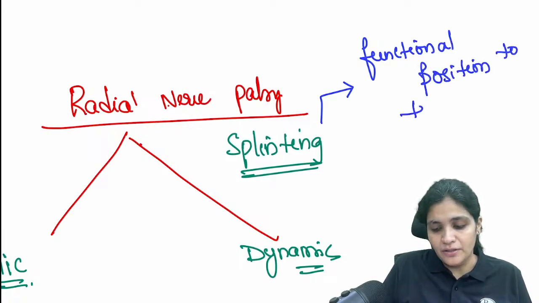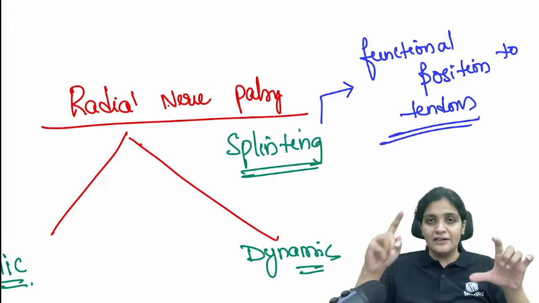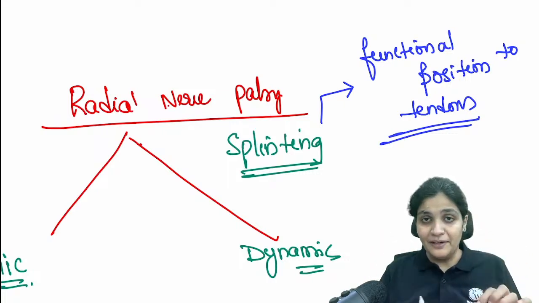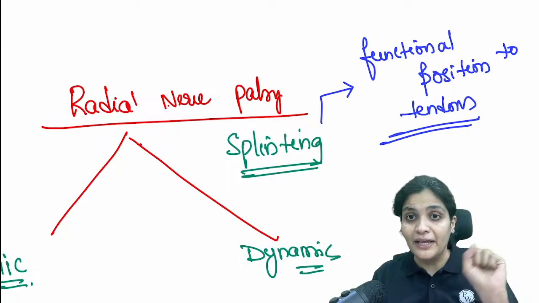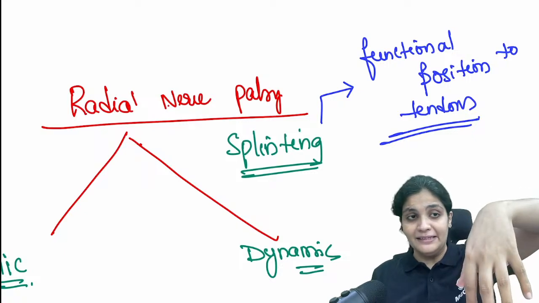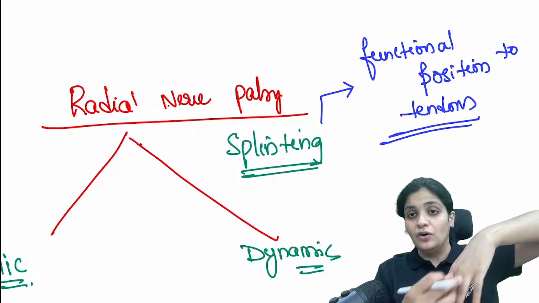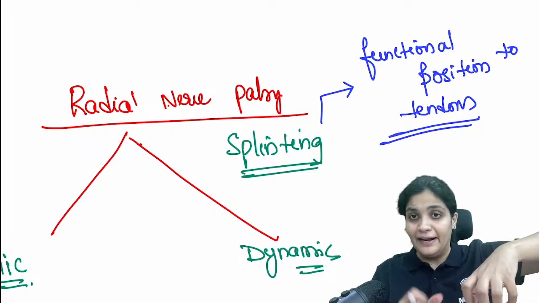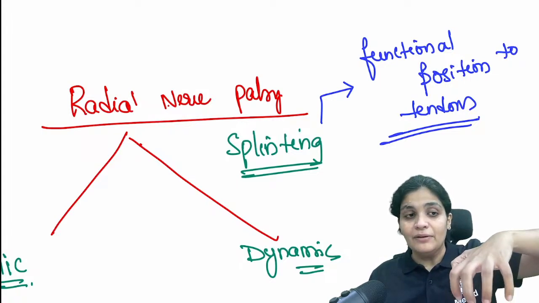to the tendons. Right. So what happens is the nerve regeneration will happen on its own. But once the nerve is ready, the tendons have to be ready to take the action, right? Now, if you don't splint it, the wrist drop will stay like this. What will happen? All the tendons or the extensors, because there is no work for them, they will contract. Once they contract, they will become like this.